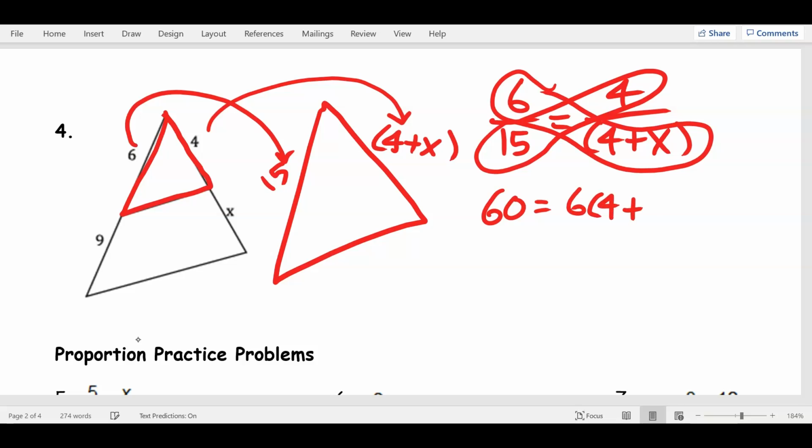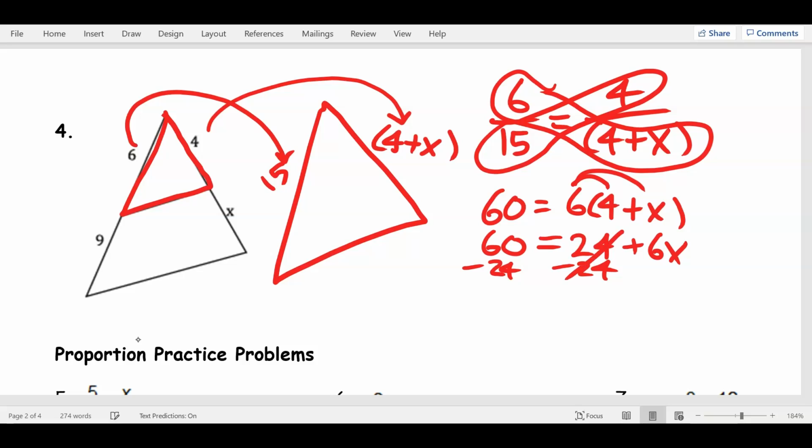And now I'm going to distribute 6 times 4, 6 times x. 6 times 4 is 24. 6 times x is 6x. Get rid of my loner 24 by subtracting. 36 equals 6x. And then divide by 6. And x equals 6. Cool.